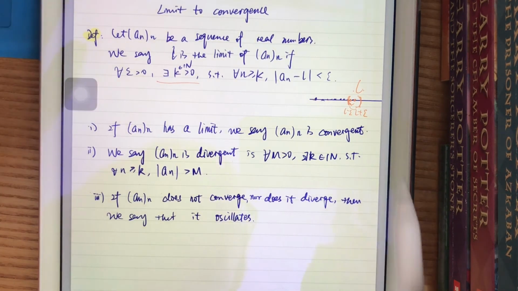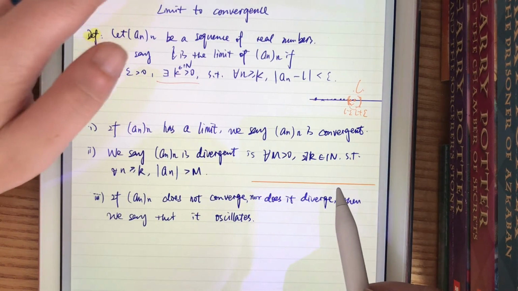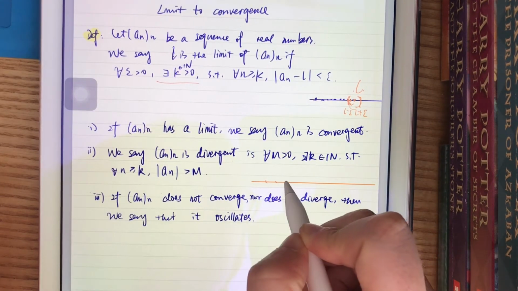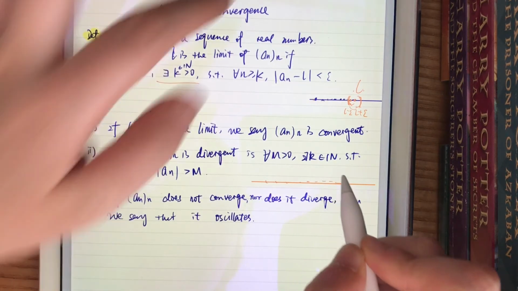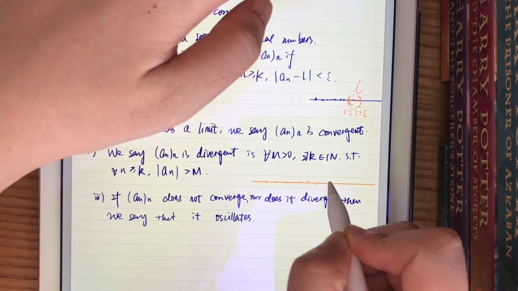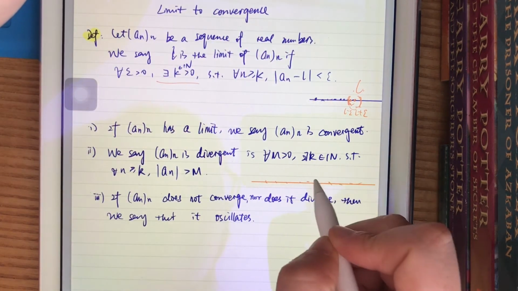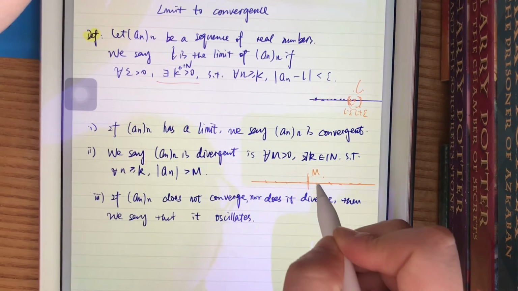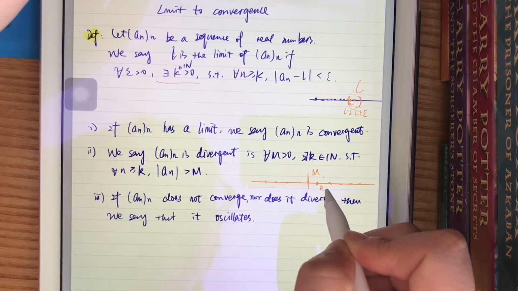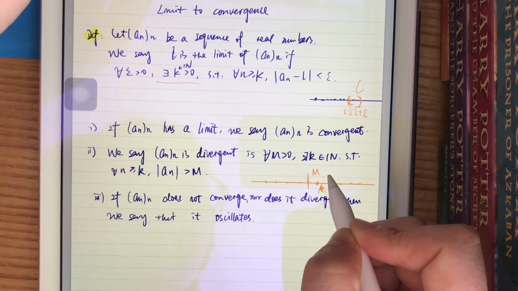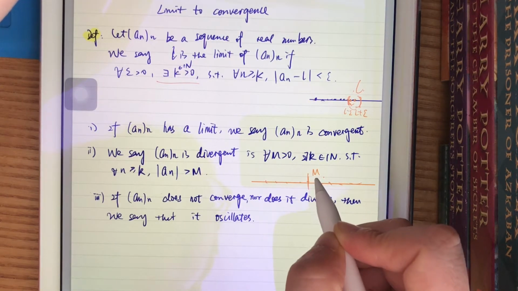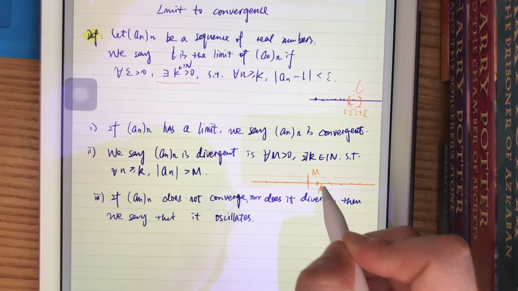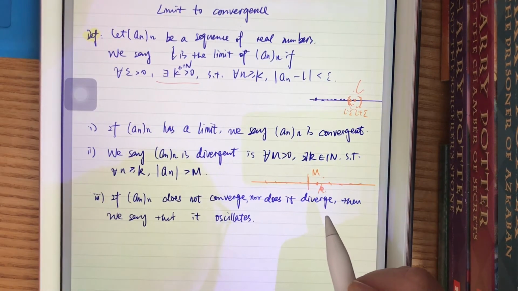Still, we can see it from a graph. Say we choose M here. Then for every M you can choose a k. For the fixed M that I choose in this case, I can find a k, right?